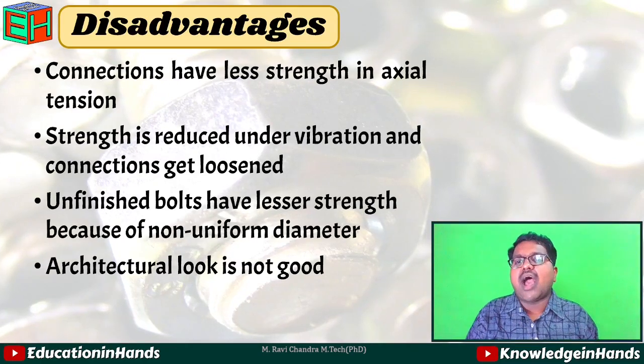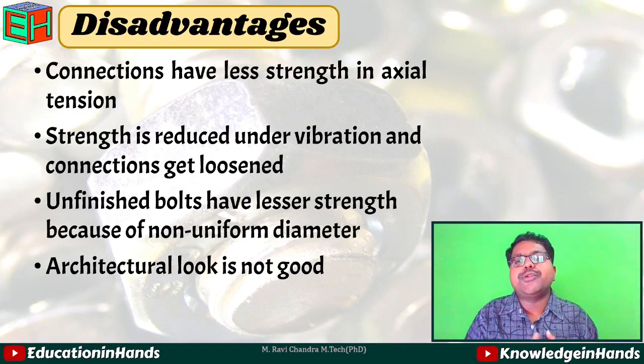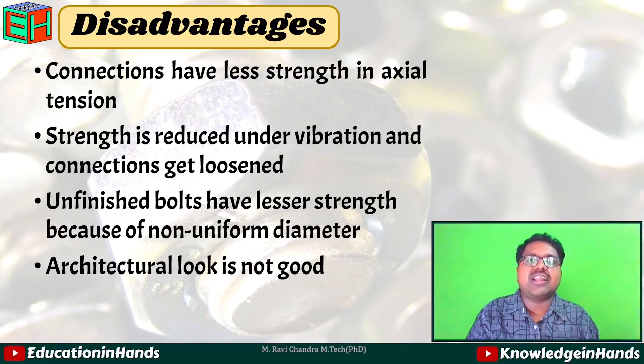And then unfinished bolts have lesser strength because of non-uniform diameter. Whenever unfinished bolts are considered, the shank diameter is not uniform throughout the length. Due to this, sometimes the strength gets reduced and architectural look is not good.